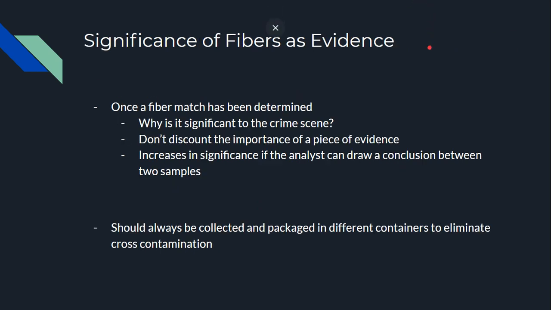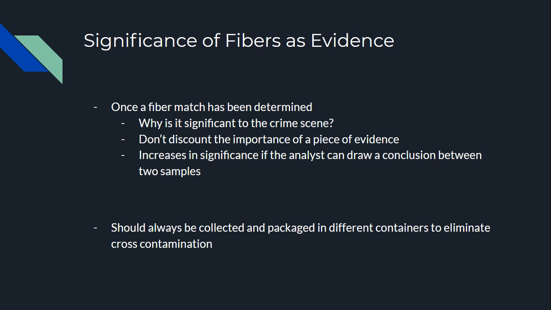The significance of fiber is evident. Once a fiber match has been identified, we have to answer a few questions. The first thing you need to ask is, why is it significant to the crime scene? How does it tie to the crime scene? Why was this person wearing this shirt at the crime scene? You don't want to discount the importance of any one piece of evidence, including fibers as small as they may be, because it increases in significance if the analysts in the lab are able to draw a conclusion between the two samples.